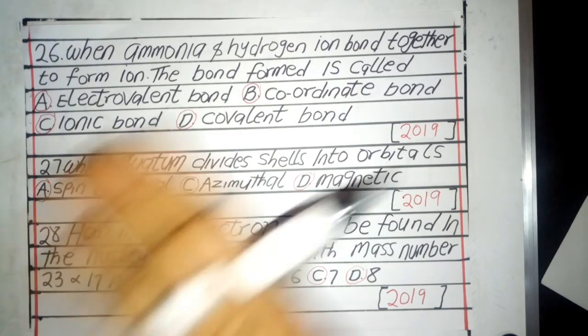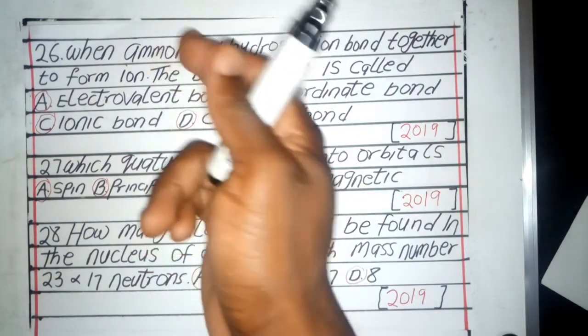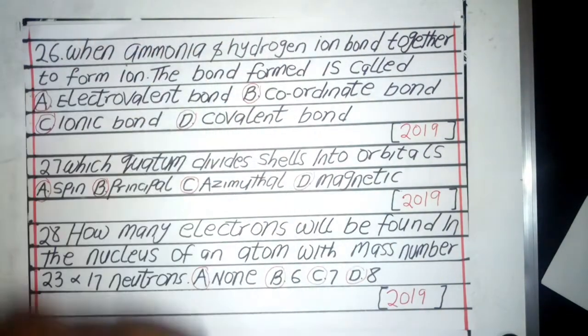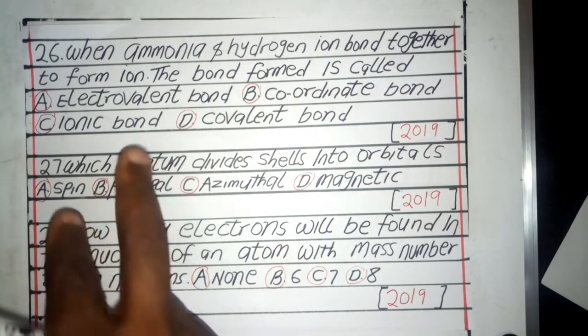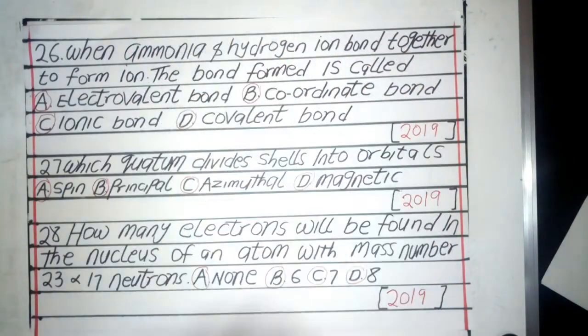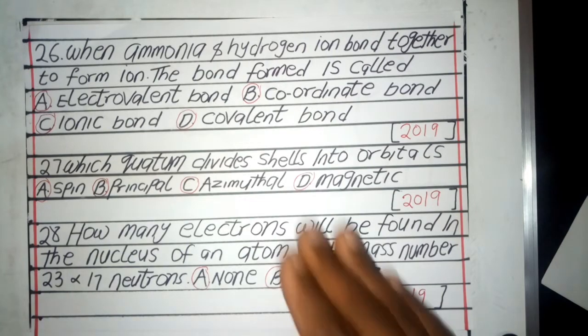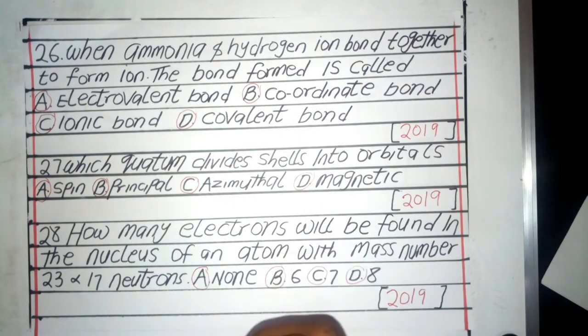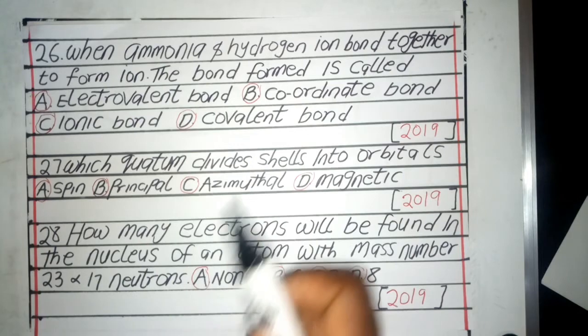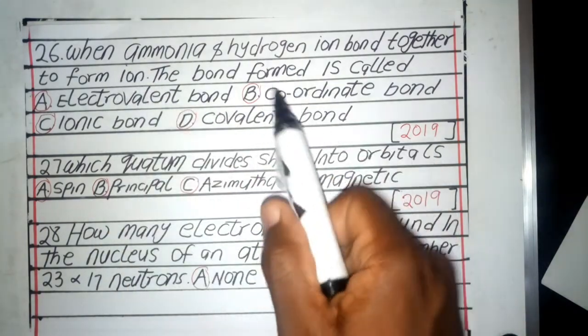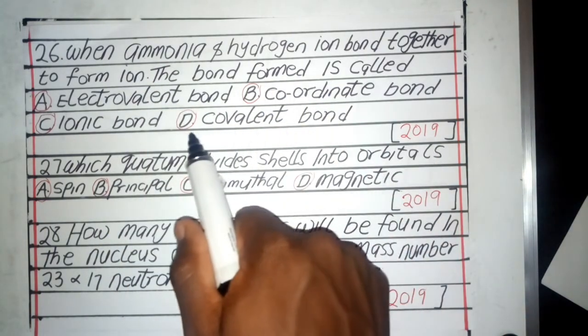In this bonding, the ammonia has a lone pair of electrons that it donates to the hydrogen ion that doesn't have one. That is coordinate, thereby the shared pair is contributed by one of the participating compounds. So the answer is coordinate, not covalent.